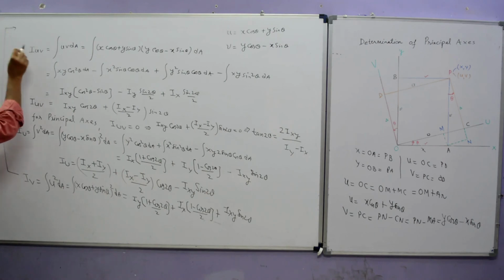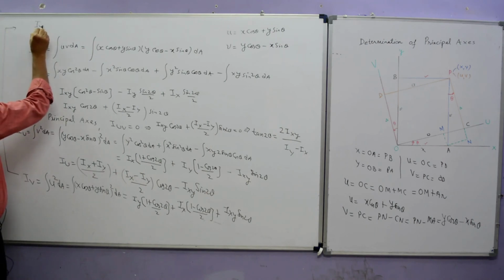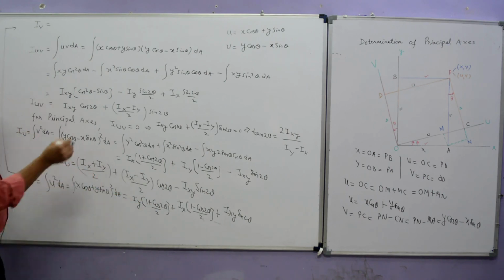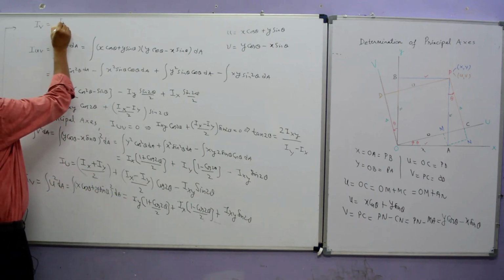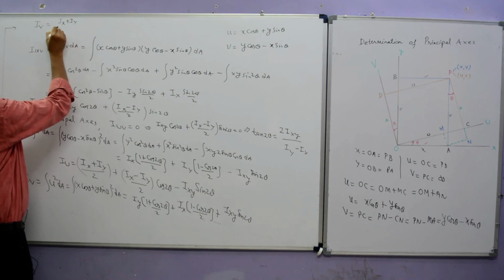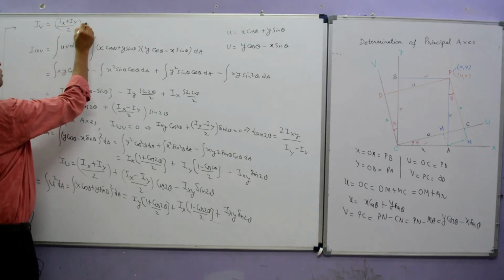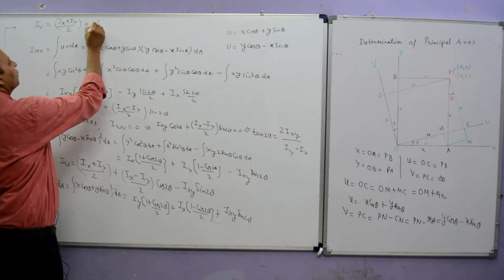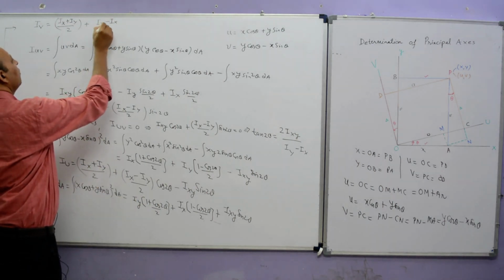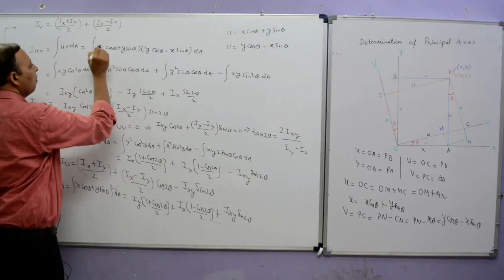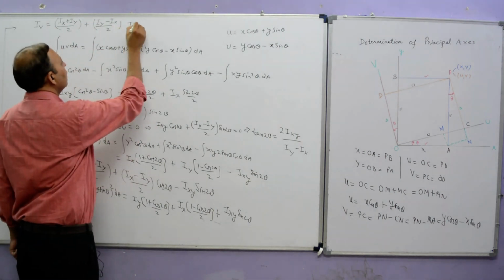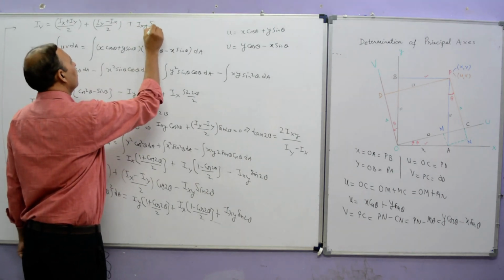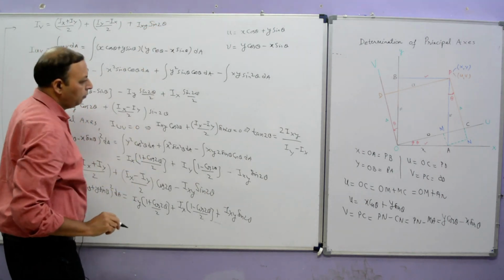So Iv equals Ix plus Iy by 2 plus Iy minus Ix by 2 cos 2 theta plus Ixy sin 2 theta.